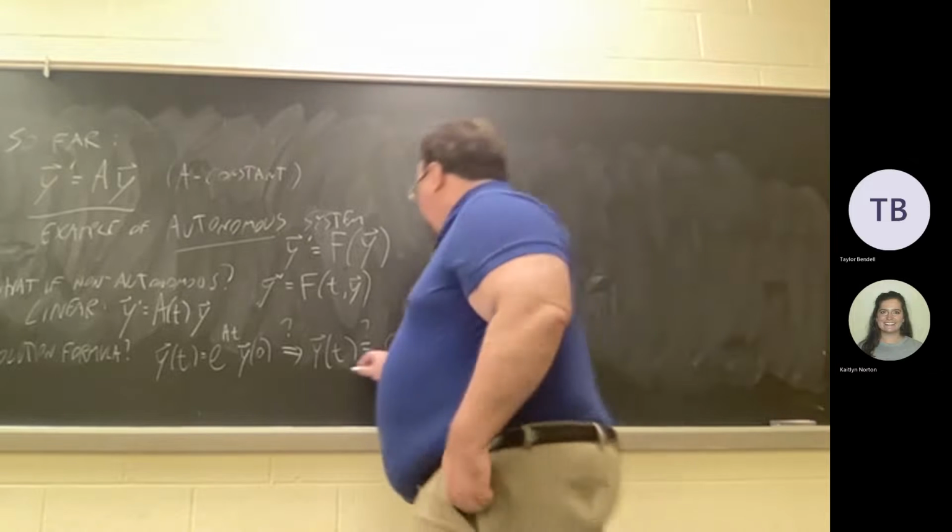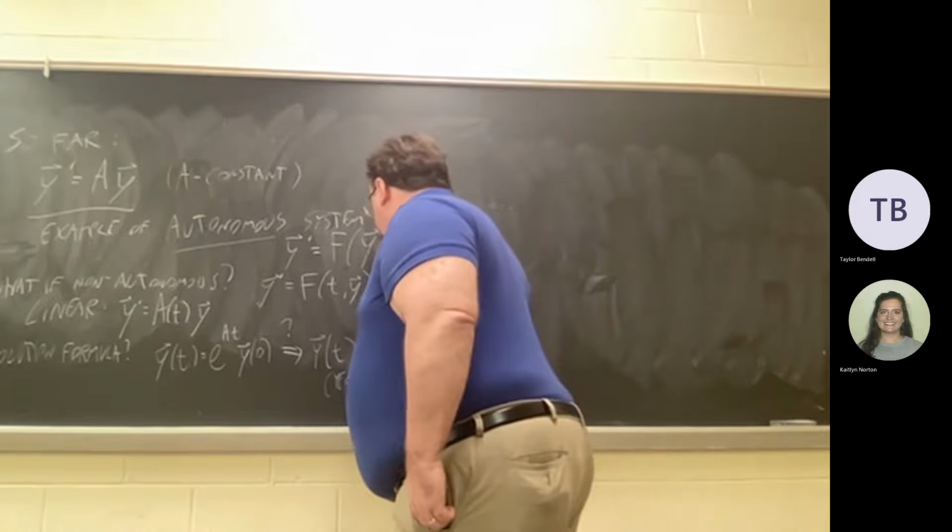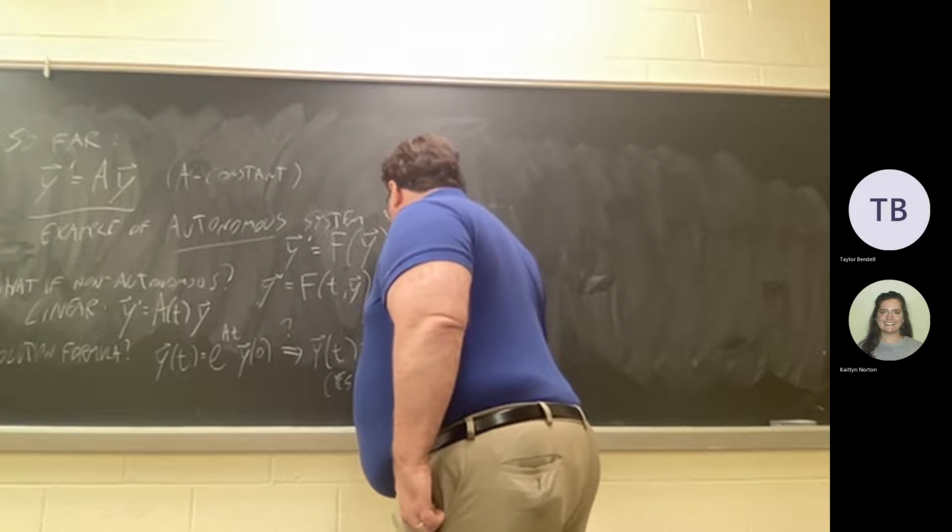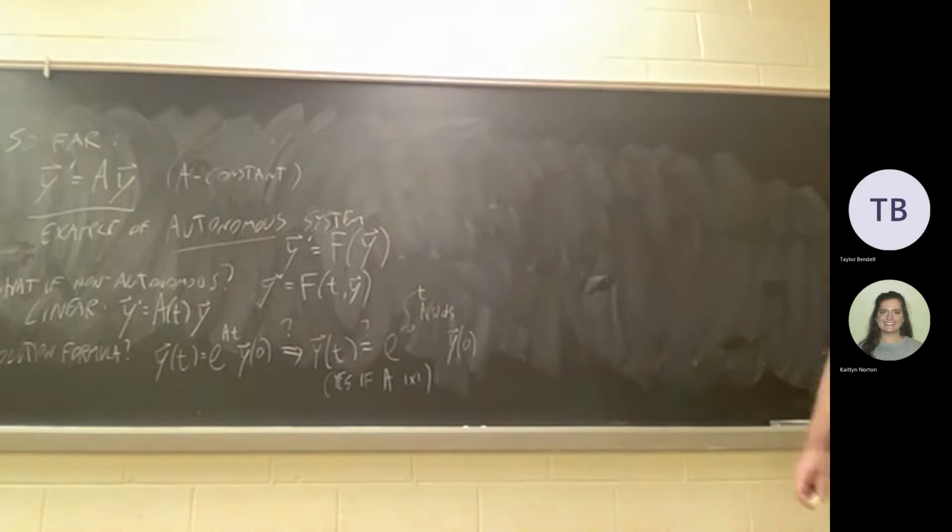This is true if A is 1-by-1. And it's been a while since I've looked at this. So I believe the answer is that no, this does not generalize to the case of a matrix. But I'm just going to go ahead and try it, to see if this really does satisfy the system of ODEs.